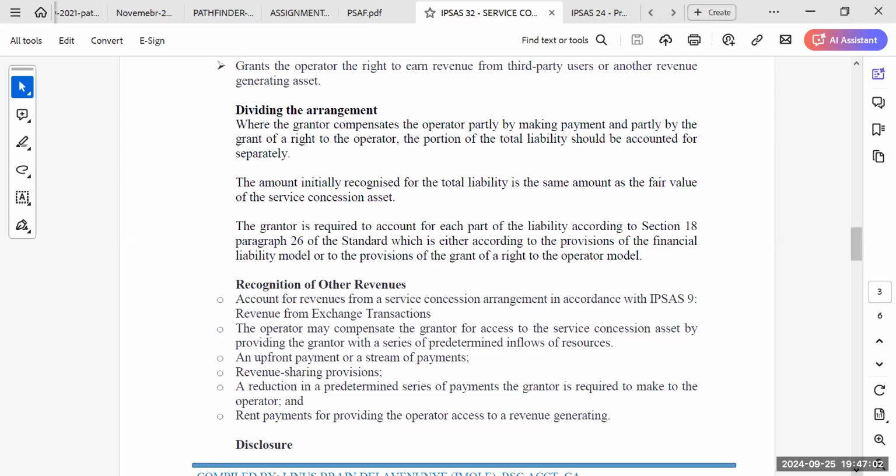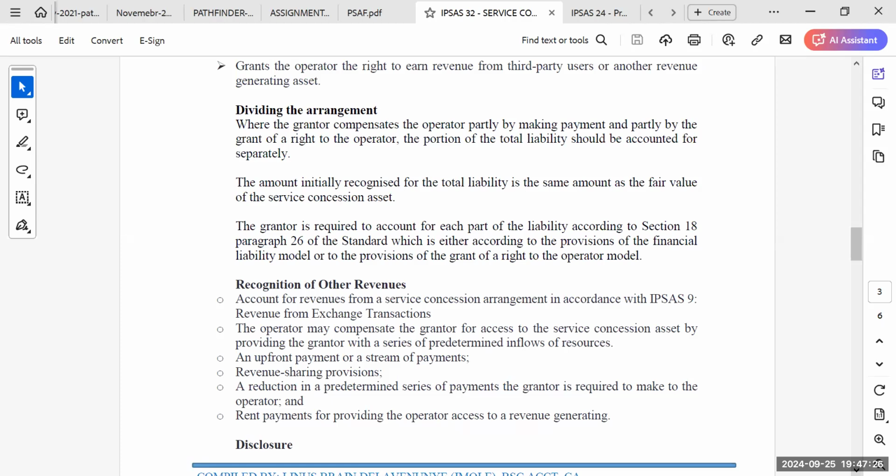The operator may compensate the grantor for access to the service concession asset by providing the grantor with a series of predetermined inflows of resources. So there can be other revenue coming from the arrangement, and any other revenue should be accounted for as necessary.